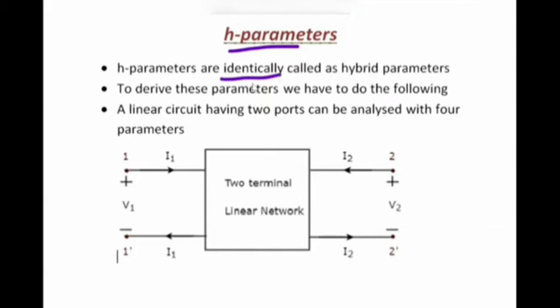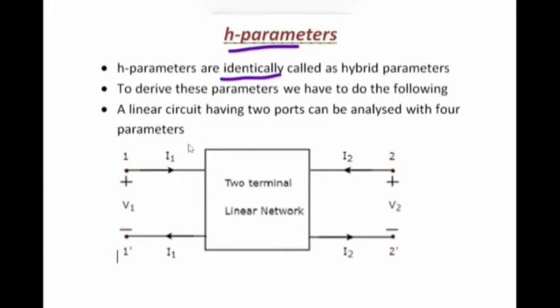We will understand why later. To derive these parameters we have to do the following operations. Any linear circuit having two ports can be analyzed with four parameters, and those four parameters can be arranged in a 2 by 2 matrix having 11, 12 and 21, 22 as subscripts.